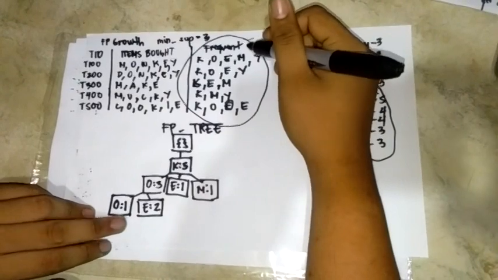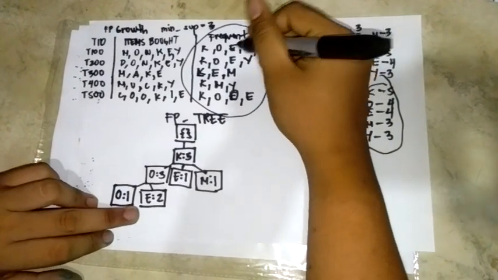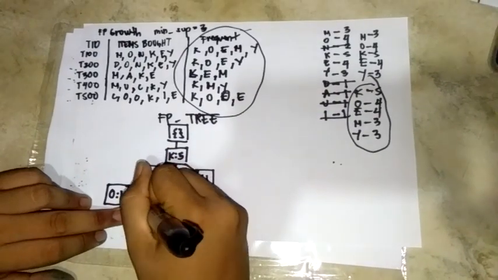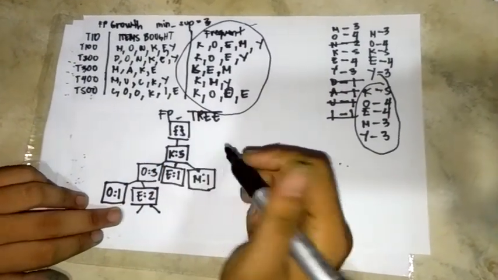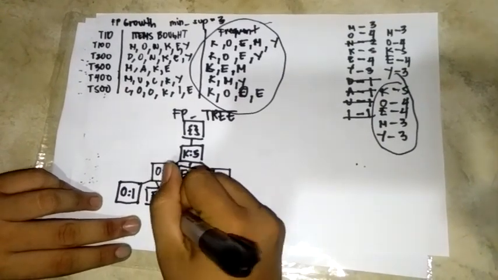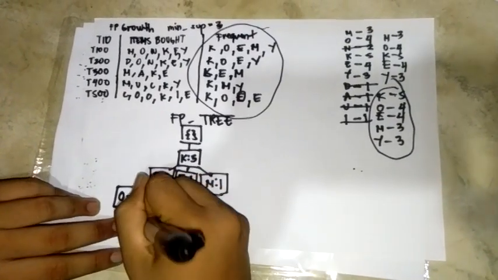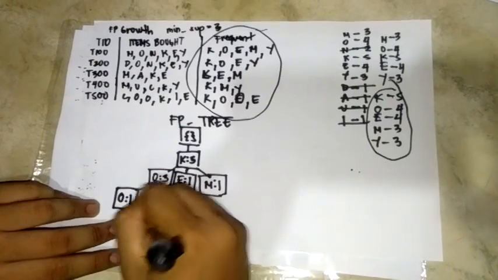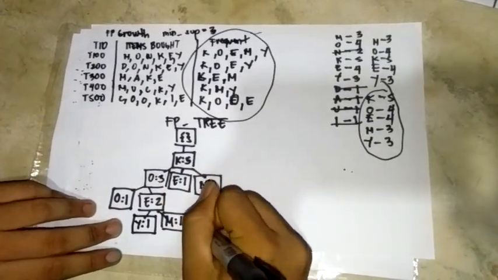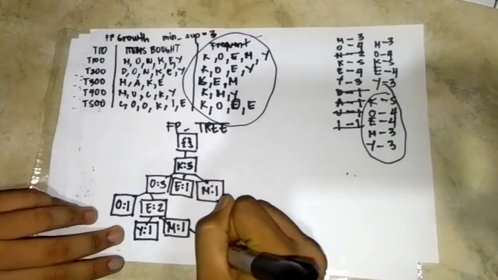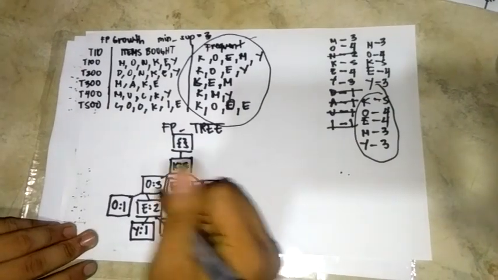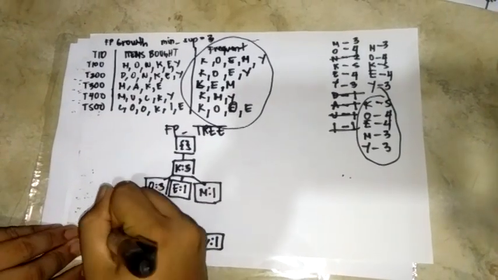Then lastly, the connection of E is M and Y. So let's contribute its 2. M and Y. So the connection of M is another Y, 1. And the connection of O is lastly E.